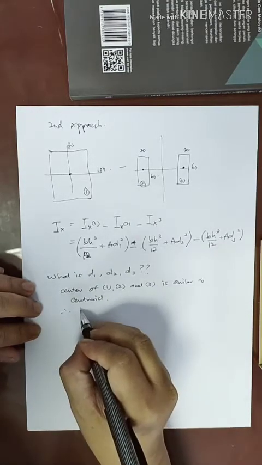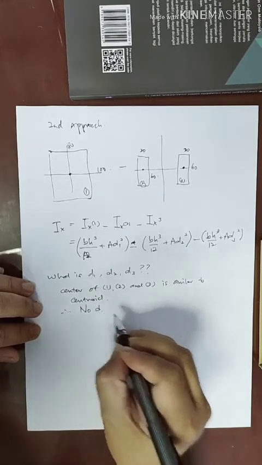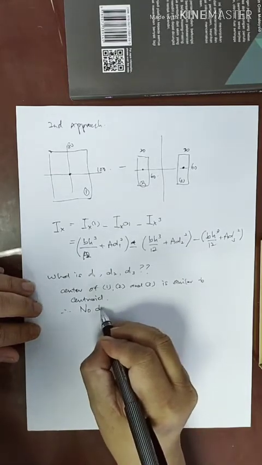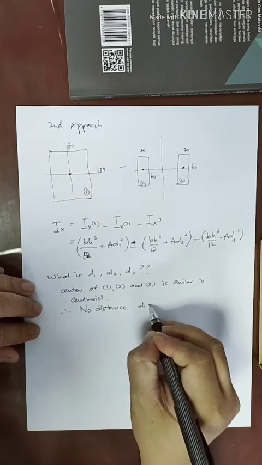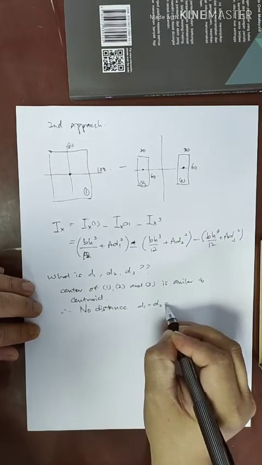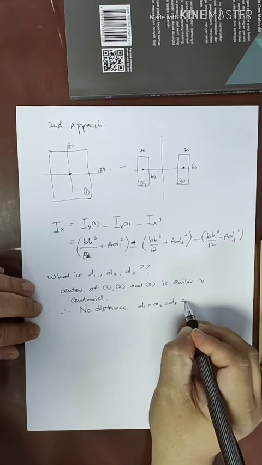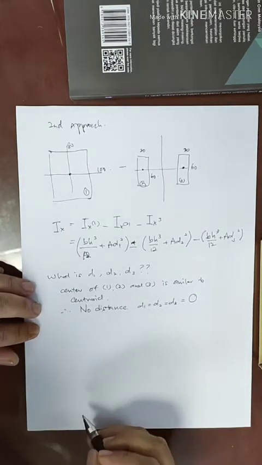Therefore, there is no distance. So d1 equals d2 equals d3 equals 0.